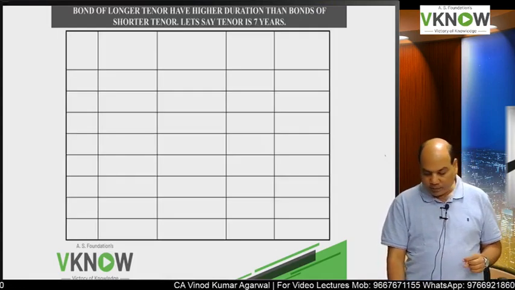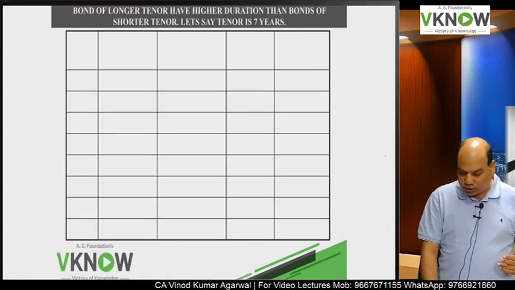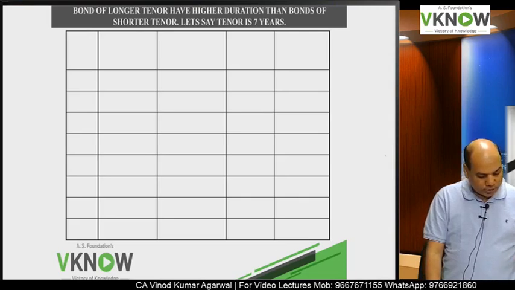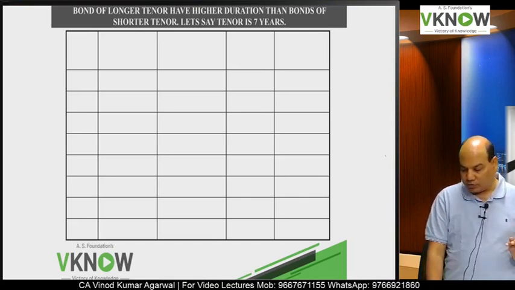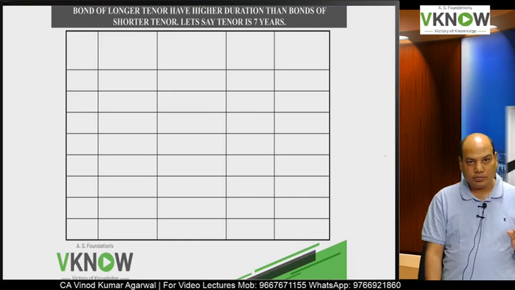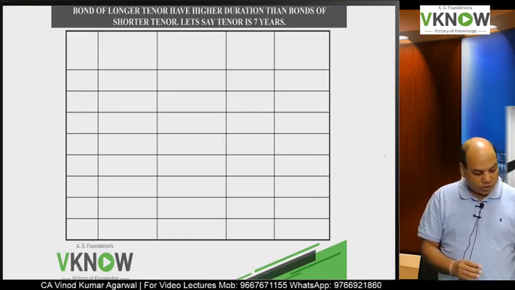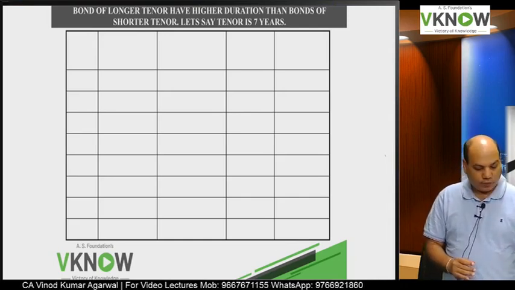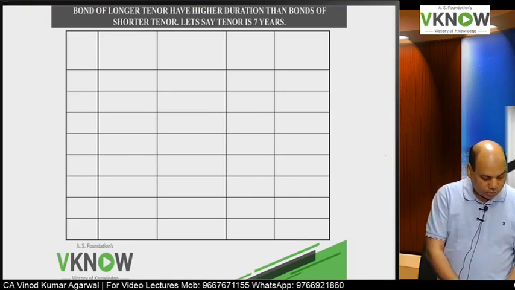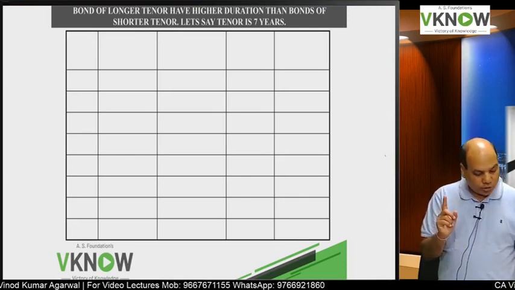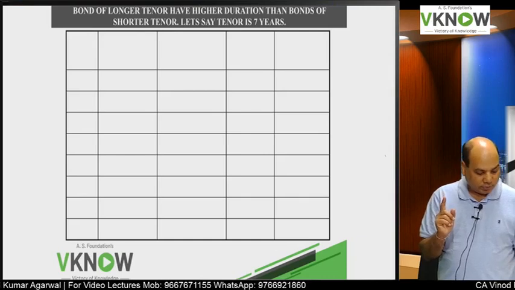So there is one example in your book. Calculate the duration of the 6% 7-year bond given YTM is 8% and face value is 1000. Now if you look at this example in question number 44 and if you read question 42, there is one small change I have done.